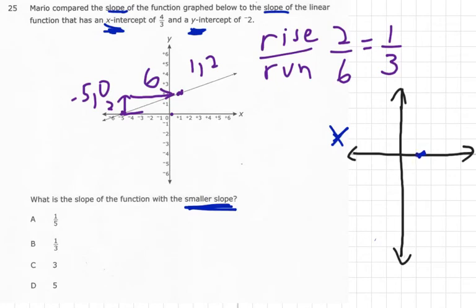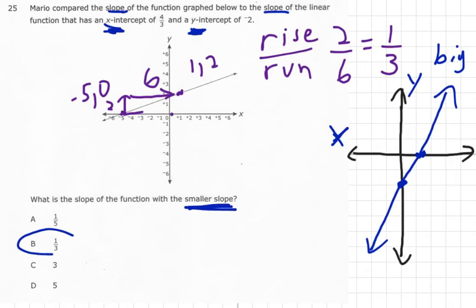And then the y-intercept is -2, so that means it crosses the y-axis down at 2. I'm going to connect those two points, and you can see right away that line is way steeper than the other line. So I know this is my bigger slope, that's my smaller slope. And the answer is 1/3.